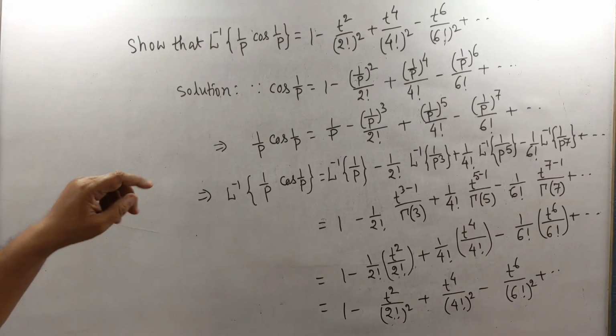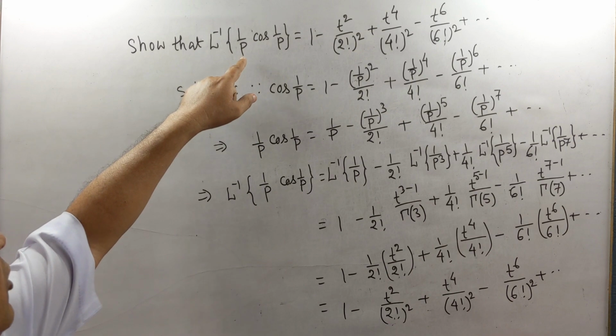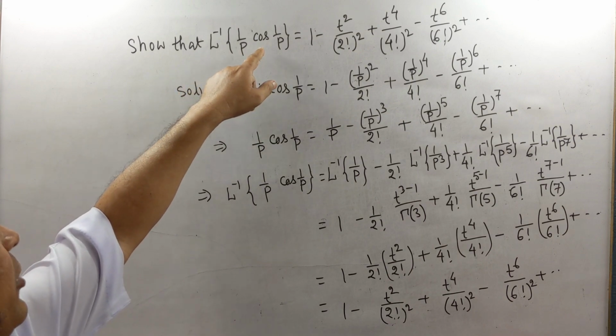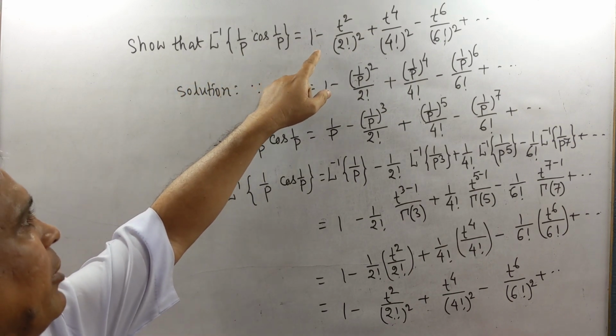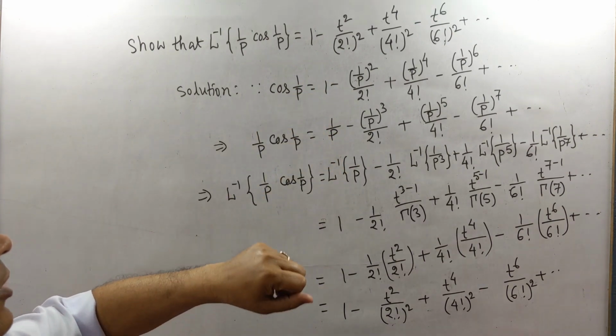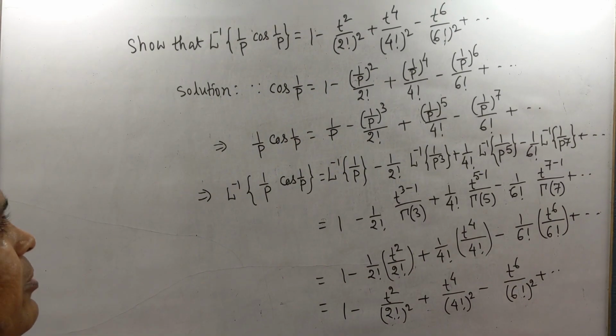Now we shall show that L inverse 1 by p cos 1 by p equal to 1 minus t square by factorial 2 square plus t to the power 4 by factorial 4 square minus t to the power 6 by factorial 6 square plus dot dot.